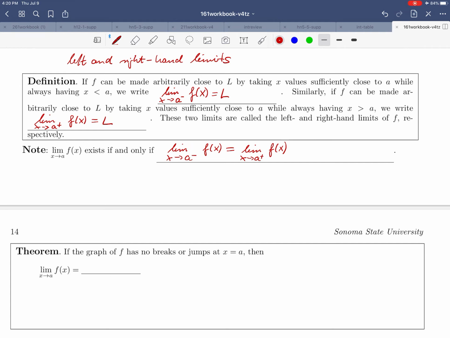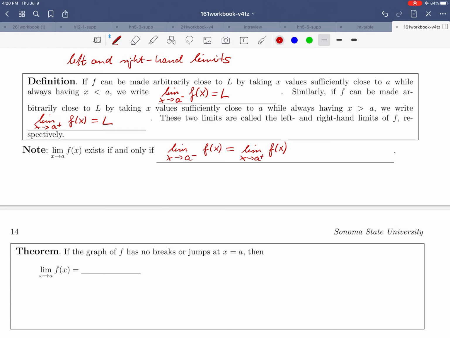In the examples that we looked at so far, we've seen different cases that can happen. We saw some cases where the left-hand limit and the right-hand limit were equal to each other, and others where they were not equal to each other. And then we also sometimes saw that the function value agreed with the limit, and sometimes it only agreed with the left-hand limit, and sometimes it only agreed with the right-hand limit, and sometimes it didn't agree at all.